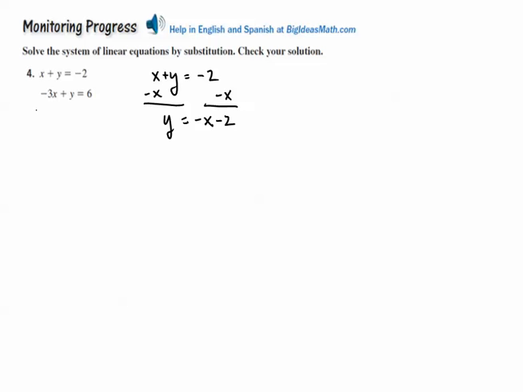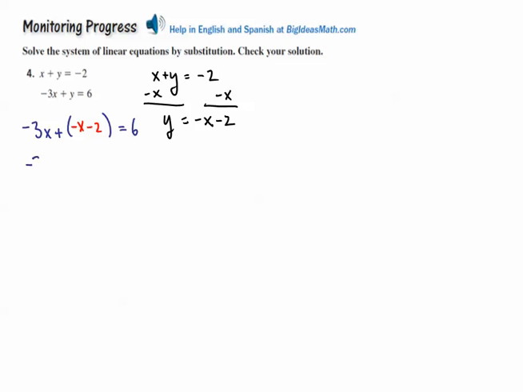Since I've already used the first equation, I'm going to substitute this into the second equation. Negative 3 times x plus y, and in place of y, I'm going to substitute negative x minus 2.